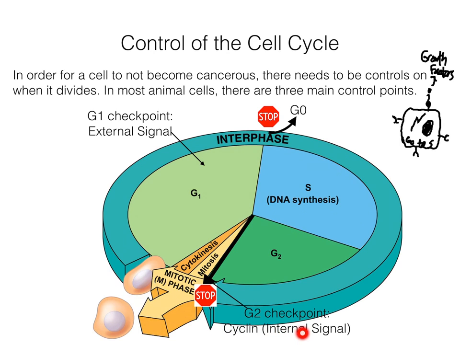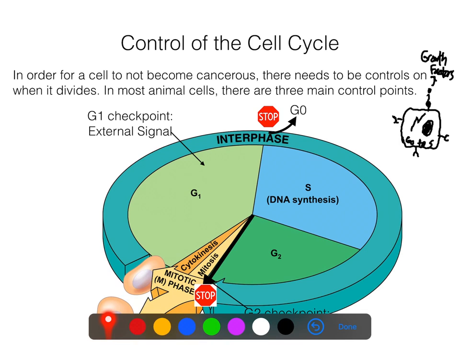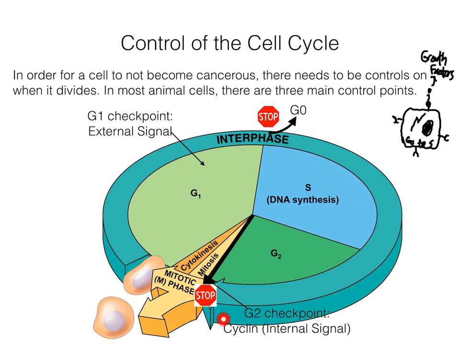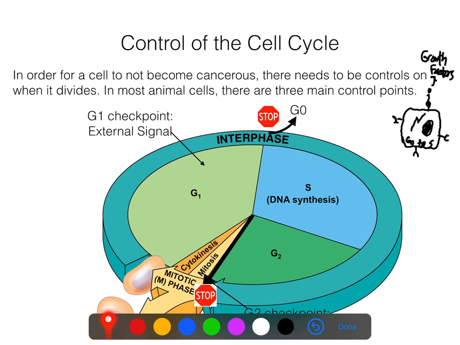This signal is provided by what's called cyclin, which has the word cyc for cycle right in it, because it is the internal control of the cell cycle. Before you can exit G2 and go into mitosis, you have to pass the G2 or cyclin checkpoint.